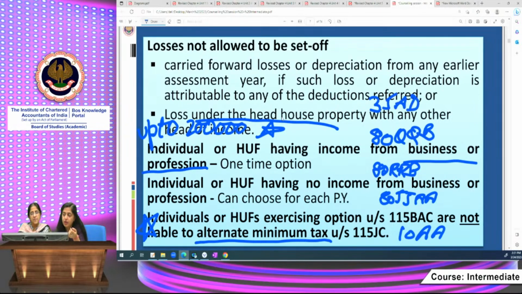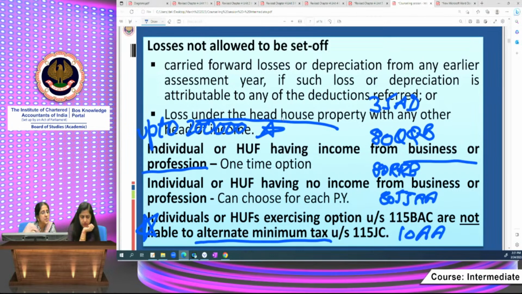If you have these deductions, then only alternate minimum tax comes into the picture. We will discuss later what alternate minimum tax is and how you compute it. But if such a deduction comes, it should strike your mind that you have to compute alternate minimum tax. And while comparing both the schemes, this is also a major point: in the normal scenario, as per the normal provisions of the Act, you have to compare your tax liability as per AMT also. But if the individual is opting for 115BAC, then he is not liable for AMT.